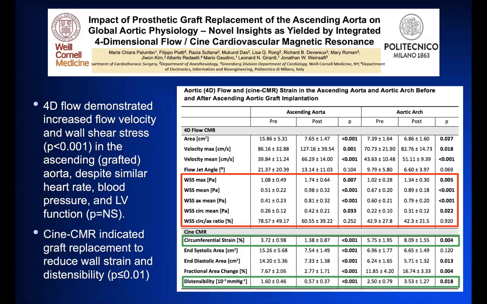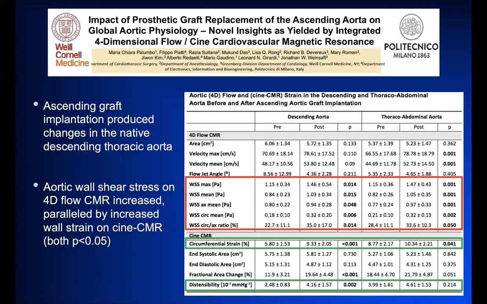That change in wall shear stress is also driven by changes in biomechanical properties. What we're doing is putting in a prosthetic graft, which is more tensile and less distensible in terms of resistance to pulsatile forces of the left ventricle.